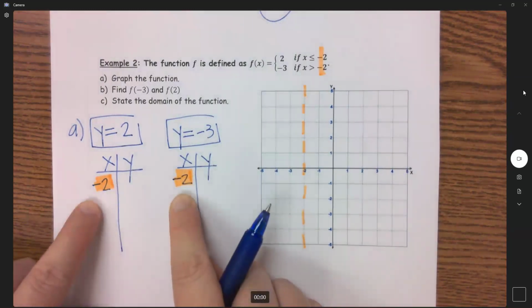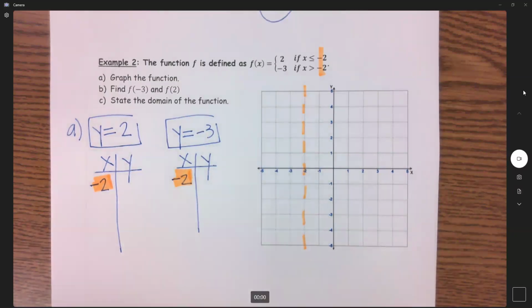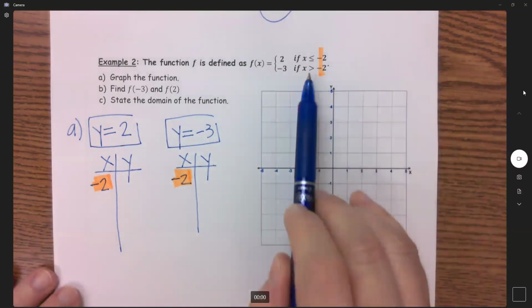Now, both of these are not going to get open circles, and both of these are not going to get closed circles. You should have one of each. And if we had more than one equation, which again, I don't think we do, you're only going to have one open and one closed. But if you had 3 equations, you might have 2 open, but you would only have 1 closed. Okay, so for us, 1 open, 1 closed.